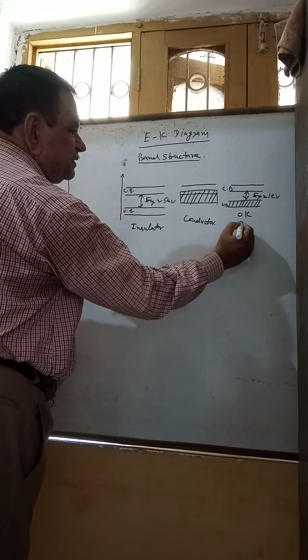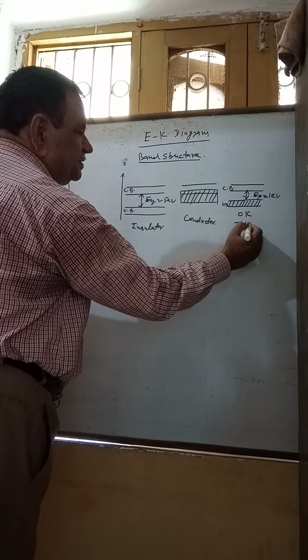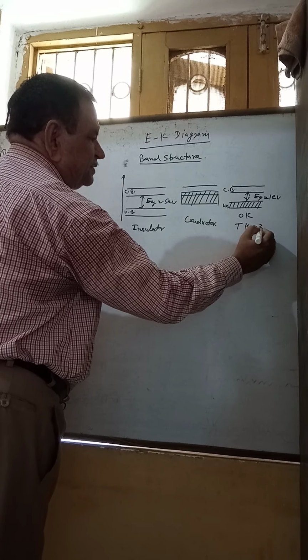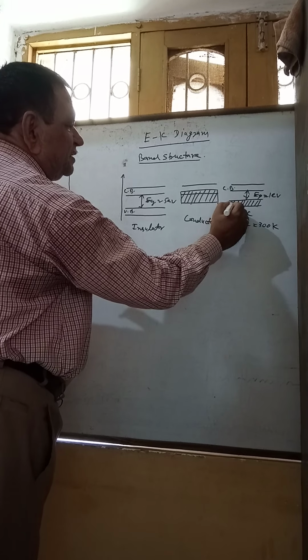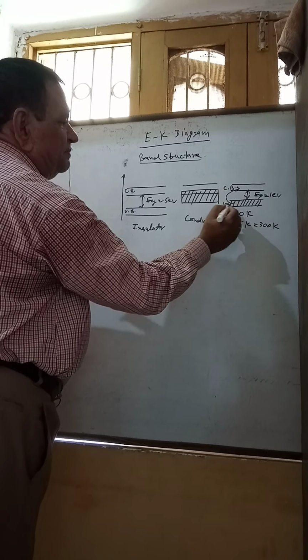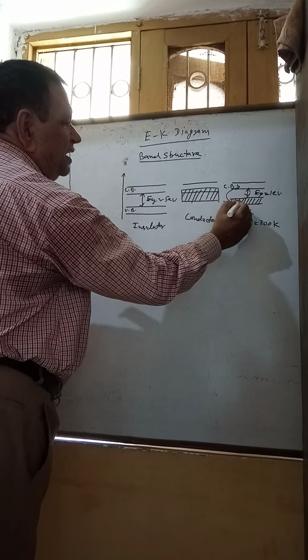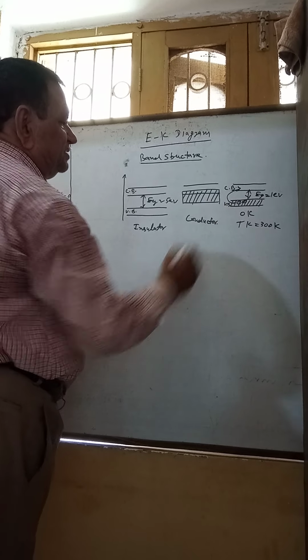As the temperature rises to about room temperature, 300 Kelvin, electrons go from the valence band to the conduction band and holes are created in the valence band.